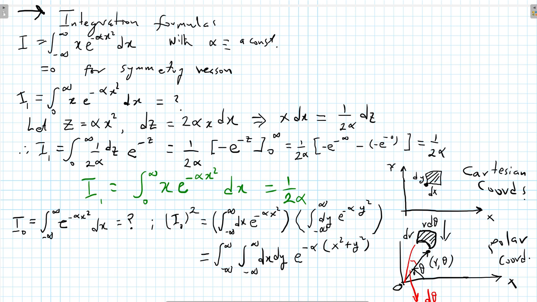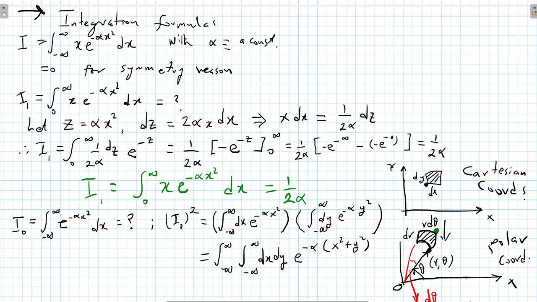So the point moved, it changed from r to this point, which is r plus dr, theta plus d theta. Maybe I make it green here.